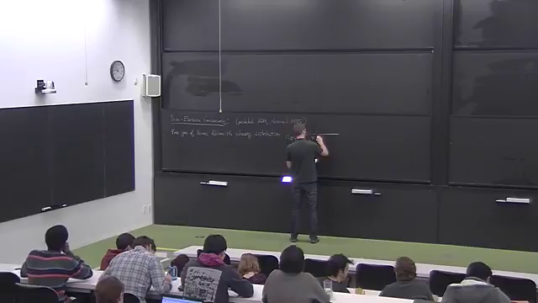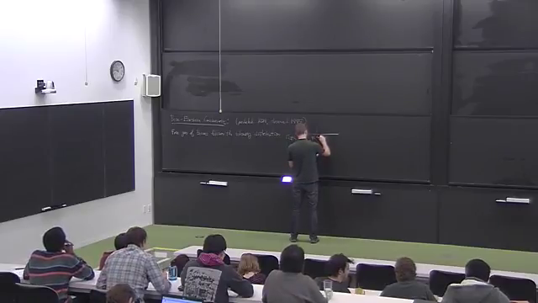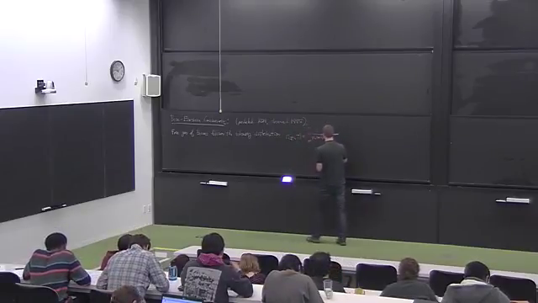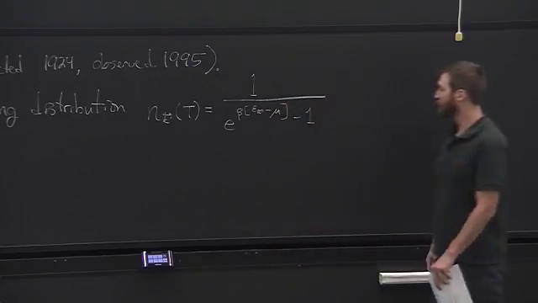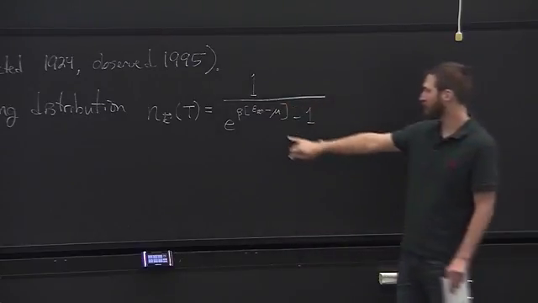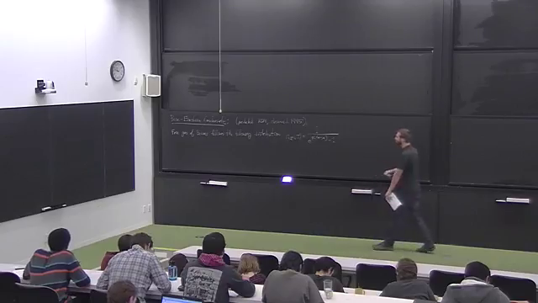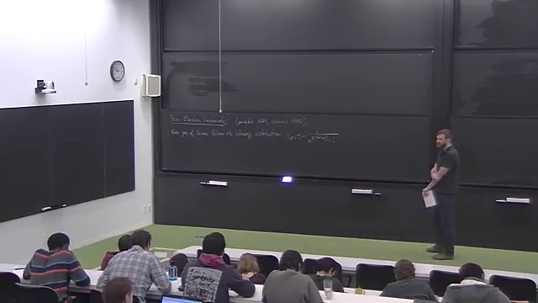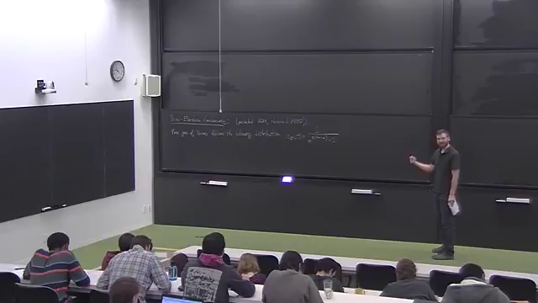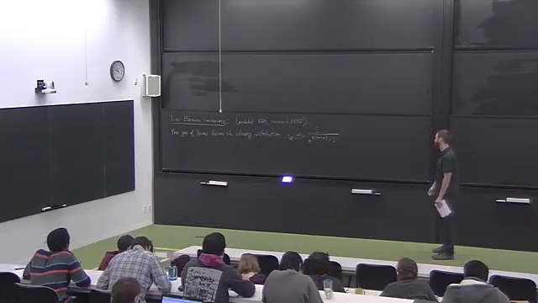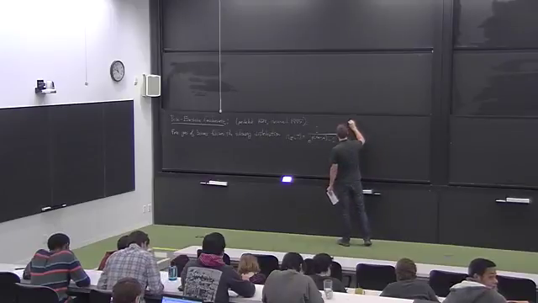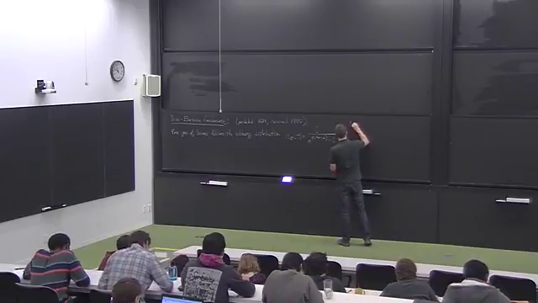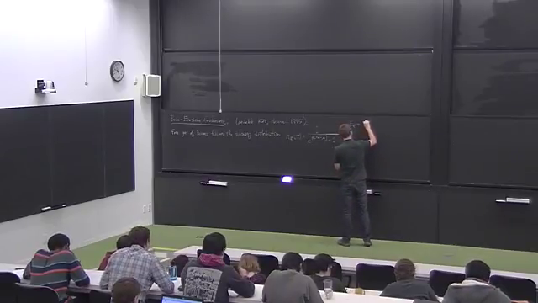So I'll label the energies, I guess, epsilon. So we have an inverse temperature beta, epsilon k, sorry, that's subscript small k, minus mu. And of course, the energy depends on the interactions. But for the purposes of this discussion, we'll just assume that epsilon k is proportional to k squared.